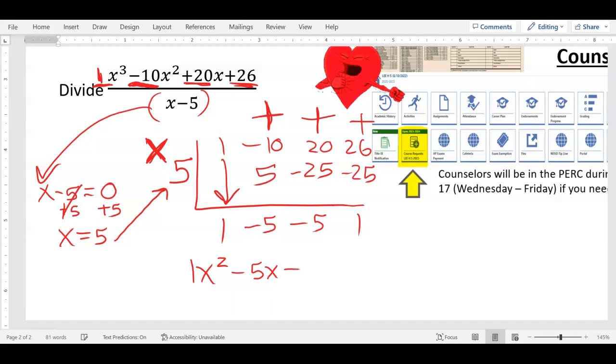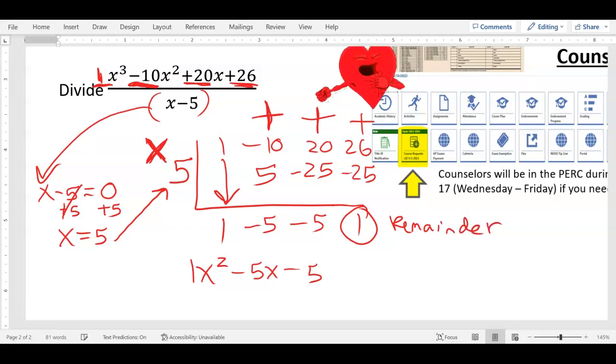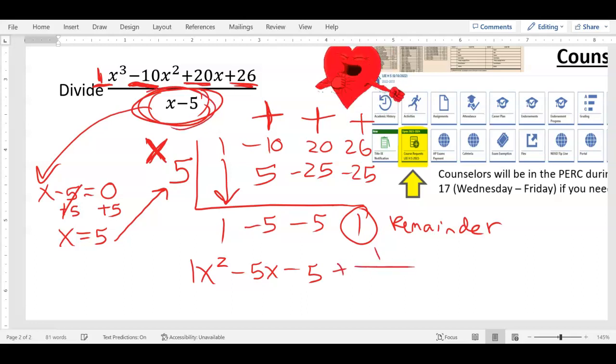The next one is minus 5. Do you see how the exponent is going down, down, down? Now this last one has to be my remainder, and it's going to be a fraction over this denominator. So plus 1 over x minus 5.